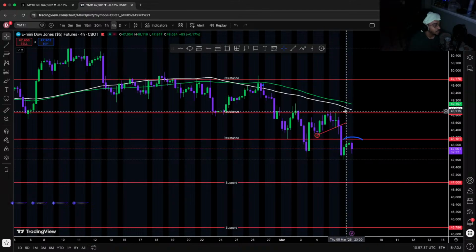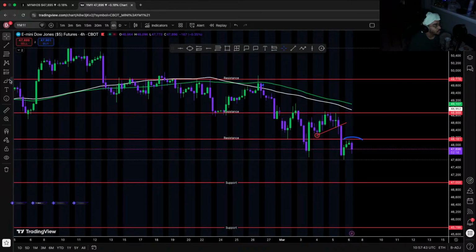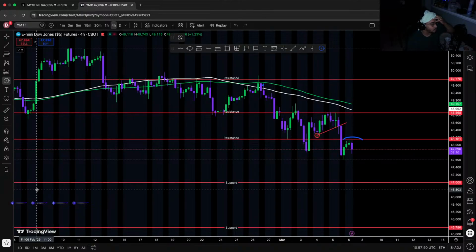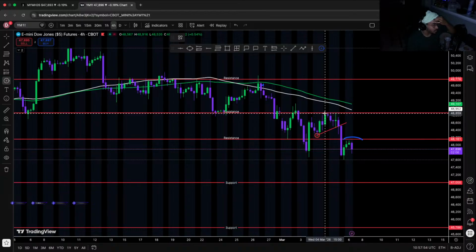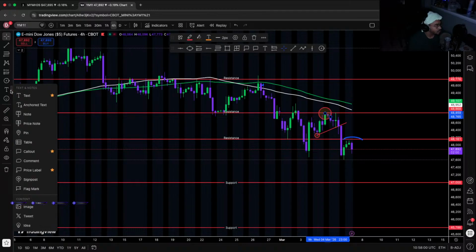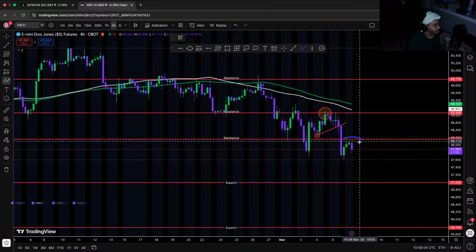So we're under the MAs. We're creating lower lows and lower highs. If we wanted to break out of the short term downtrending structure, we need to break this right here, which I highly doubt is going to happen, but it could.